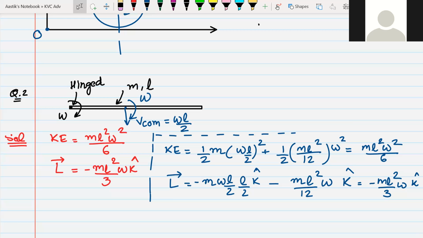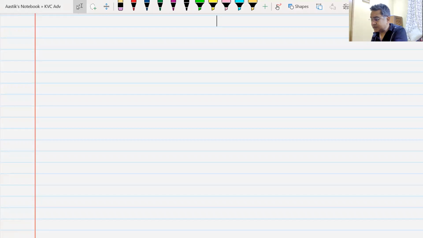That concept is what we are going to study today. The concept of instantaneous center of rotation or the concept of instantaneous axis of rotation.